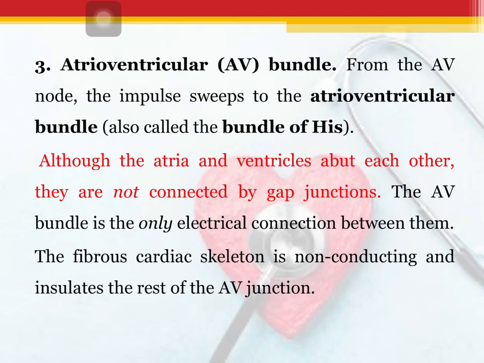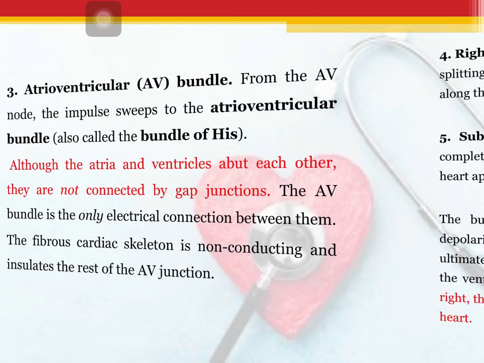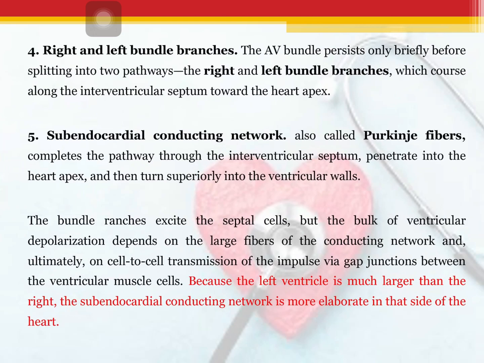The atrioventricular bundle, or bundle of His, is located in the superior part of the interventricular septum. Right and left bundle branches.